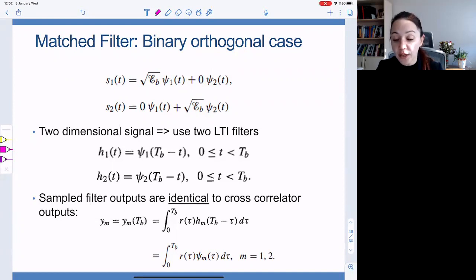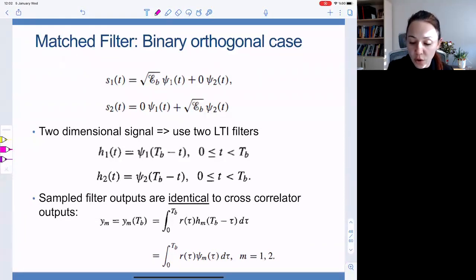In the orthogonal case, as you know, we have two basis functions. As a result, a single matched filter is not going to do the job. We're going to need two matched filters.